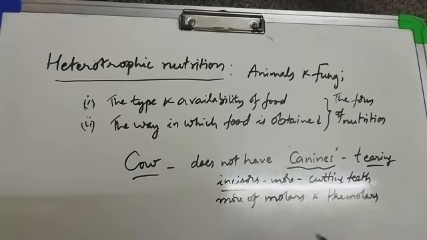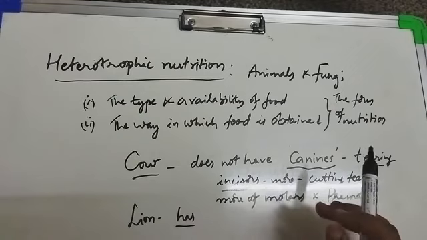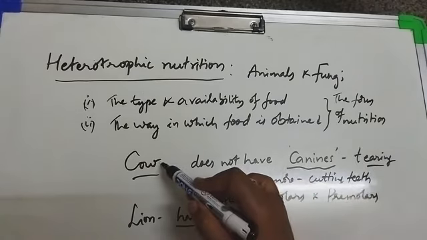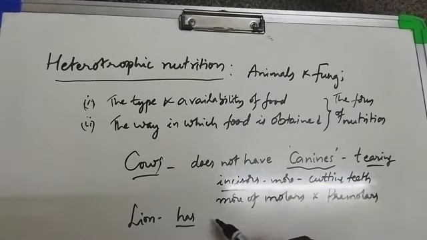Whereas if you take a lion or a tiger, it has very powerful canines. Why?